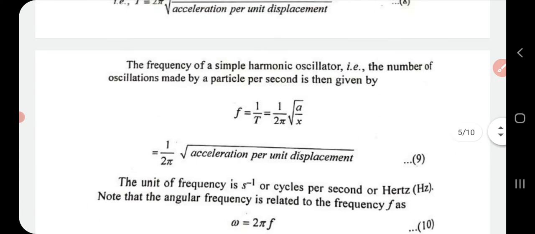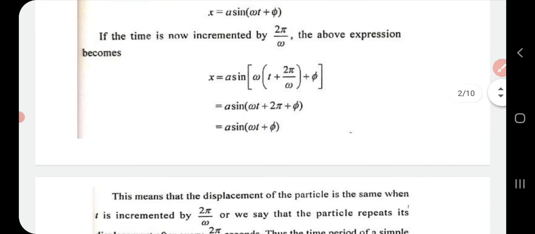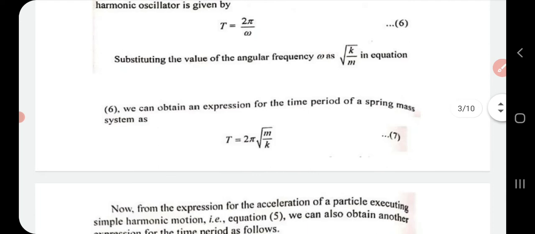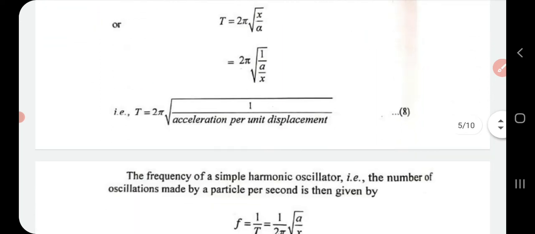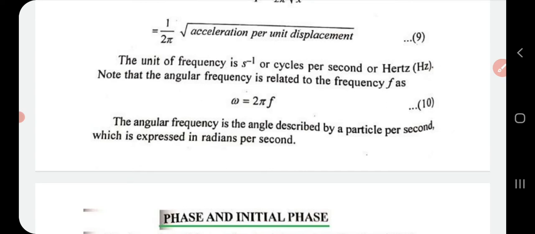So from this session up to this much, you have to study two expressions for the time period, expression for frequency, etc. And these are all its derivation, how to derive the expression for time period and how to derive the expression for frequency. Another question is define angular frequency.